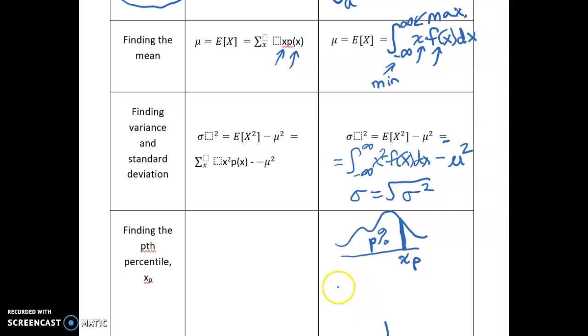If we want that, we want to know what integral gives that. So we want the integral from negative infinity, whatever the lowest value is, up to this value x sub p of f of x dx is equal to p, written as a proportion.